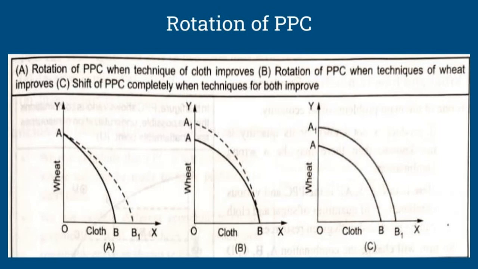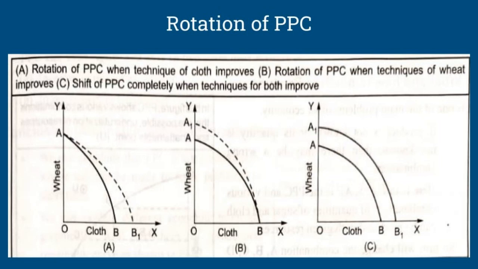Now moving towards the third graph, graph C. Here also wheat is shown on the y-axis and cloth is shown on the x-axis. AB is the original production possibility curve and A1B1 is the new production possibility curve obtained. This PPC has been obtained when the technology of both the commodities, wheat and cloth, has been improved simultaneously.